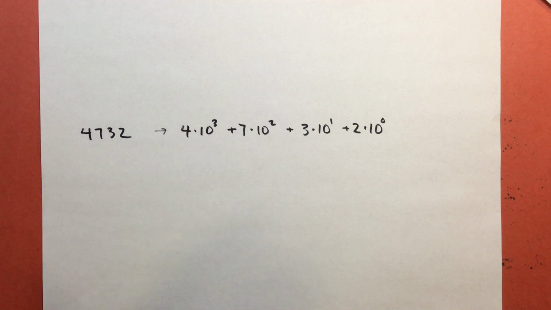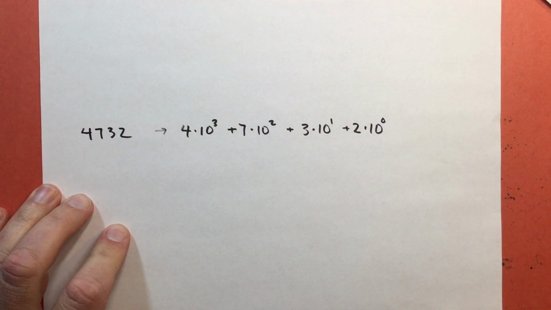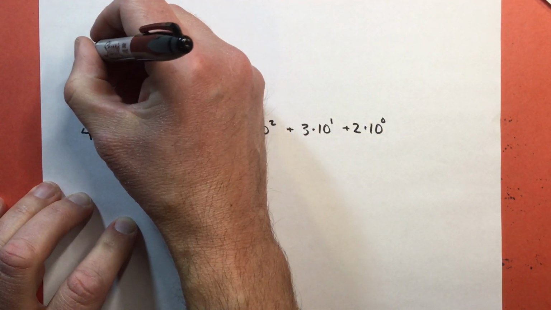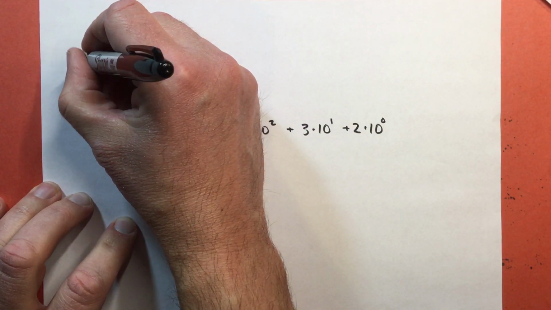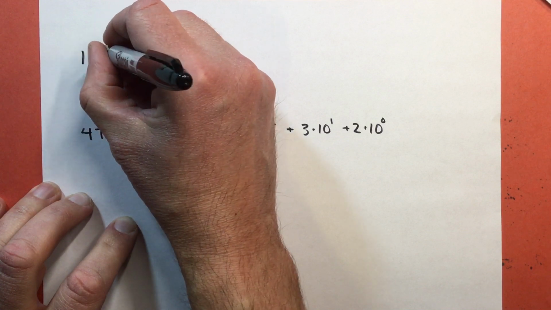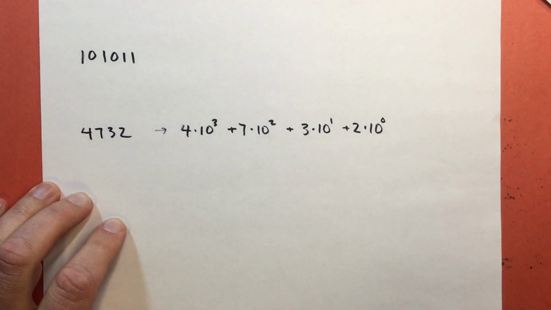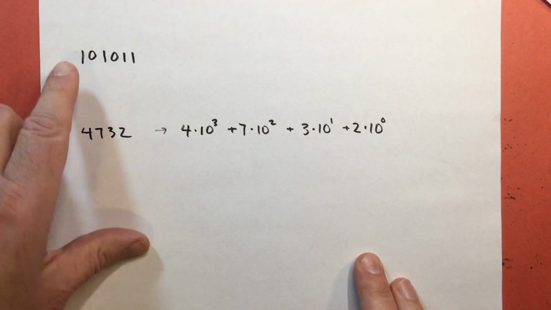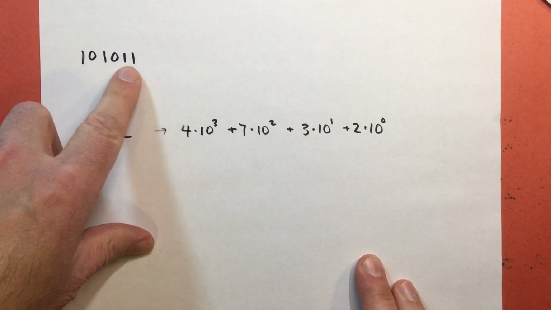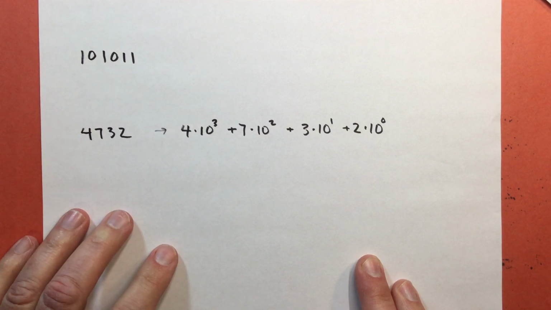Computers don't do this. I want to borrow the idea of computers for just a second. Computers only work with on and off. So a number to a computer would be like 1, 0, 1, 0, 1, 1. That'd be on, off, on, off, on, on.